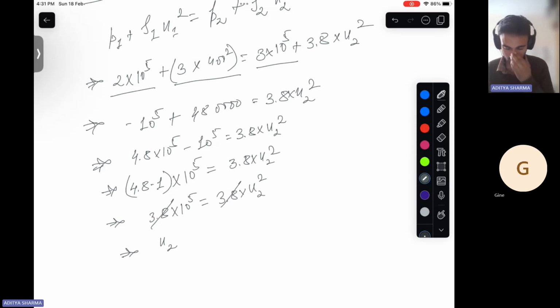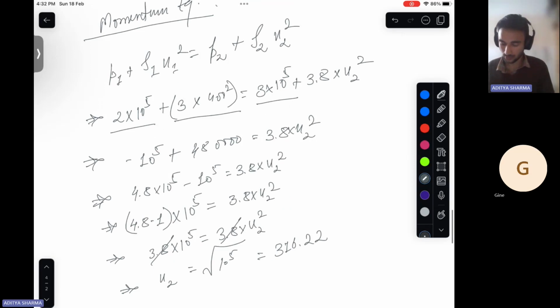If you solve this, it comes out to be this. So I believe these differences should not be there.